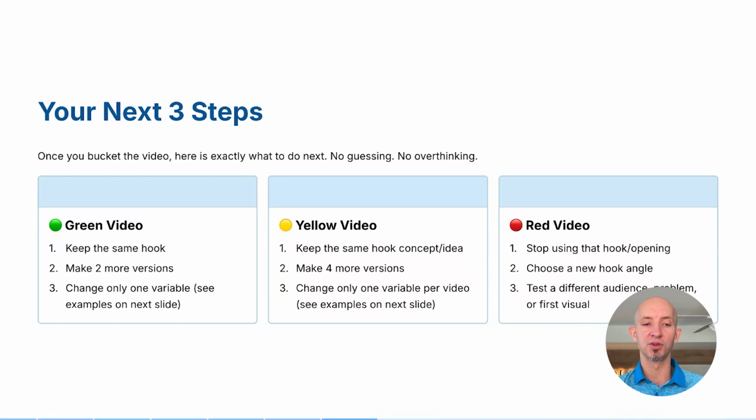Your next 3 steps. Once you bucket the video, here's exactly what I would do next. No guessing, no overthinking. If you have a video that hit the green, keep the exact same hook, but create 2 more versions and change only 1 variable. Okay, and we'll talk about some examples in the next slide. Next, you have a yellow video.